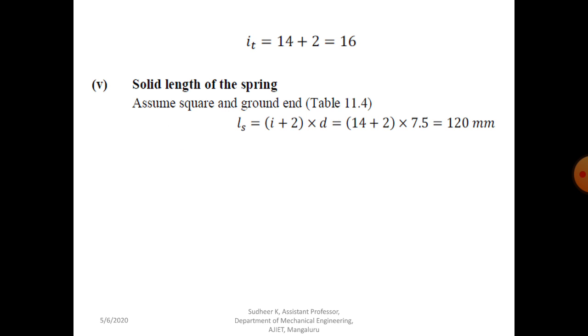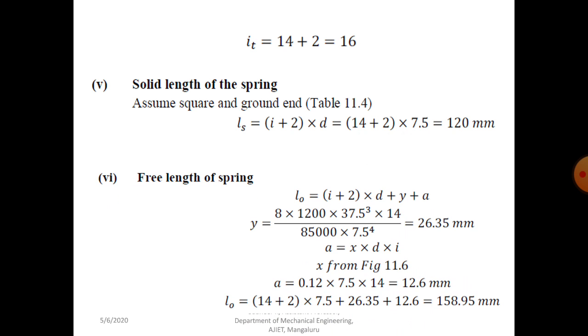Based on that, the equation for solid length is I plus 2 into D, where I is the number of active coils and D is the diameter of wire. So easily you can calculate the solid length of the spring: 14 plus 2 into 7.5 is equal to 120 millimeter. So this is the solid length of the spring.